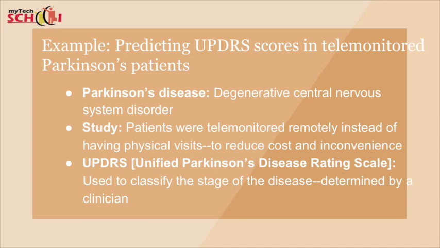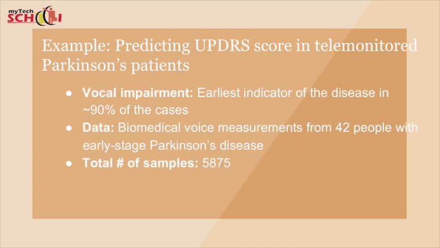From that data, clinicians tried to assign UPDRS scores. UPDRS stands for Unified Parkinson's Disease Rating Scale, and it's used to classify the stage of the disease. Vocal impairment is the earliest indicator of the disease in 90% of the cases.